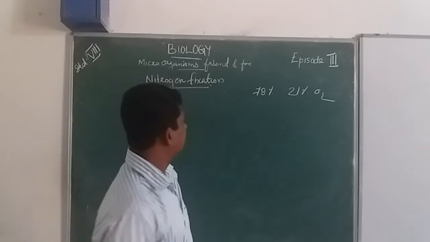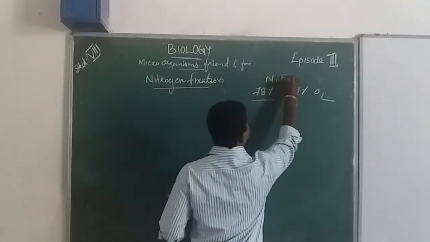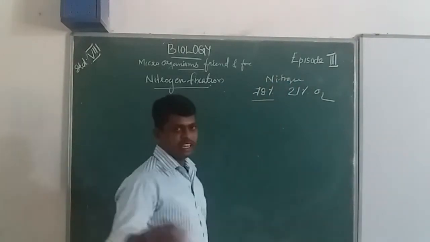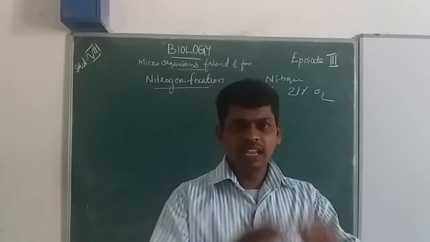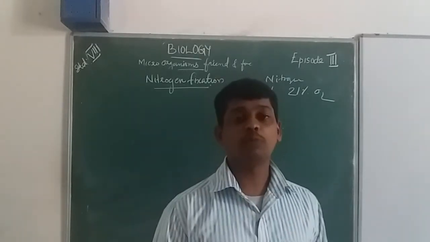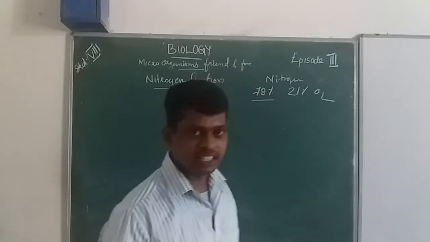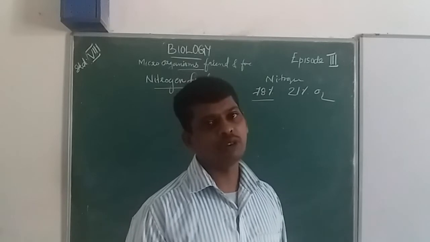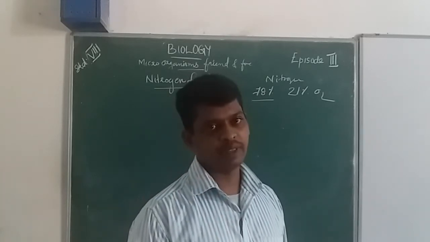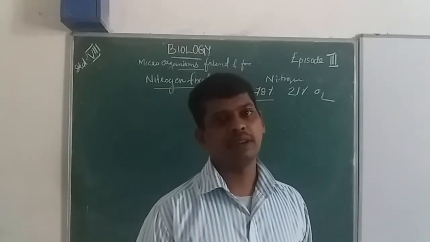This atmospheric nitrogen, the 78% of atmospheric nitrogen, cannot be absorbed directly by plants or animals. But nitrogen is a very essential element for plant growth.